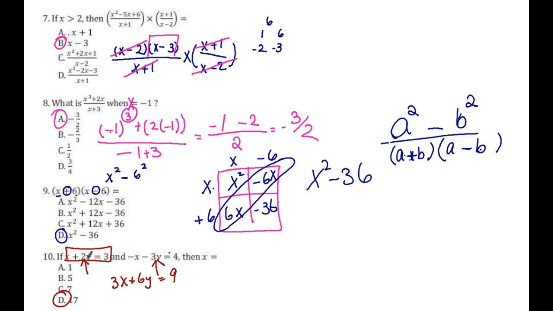So I'm going to get negative 2x minus 6y equals 8. So now I'll be ready to add the 2 equations to eliminate y. So negative 6y plus 6y eliminates. Then negative 2x plus 3x is just x equals 8 plus 9, 17. So whatever method you like, you can use.